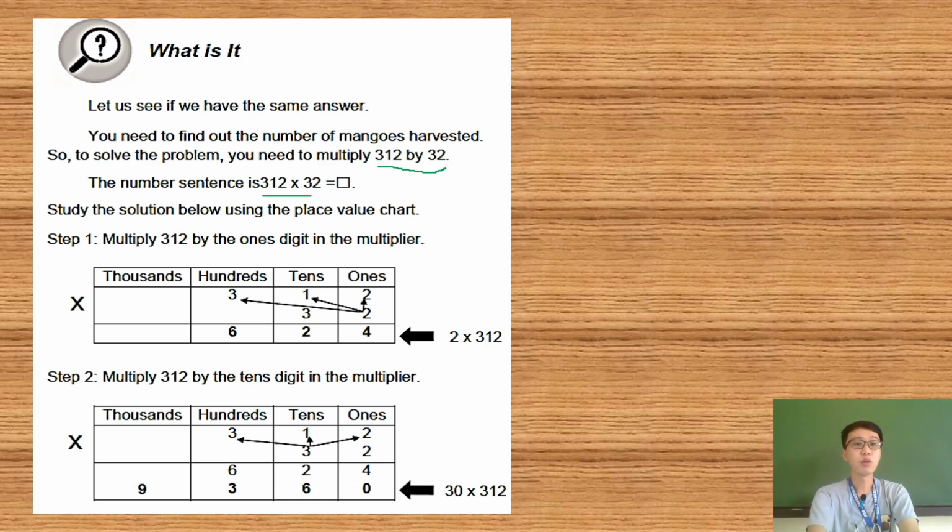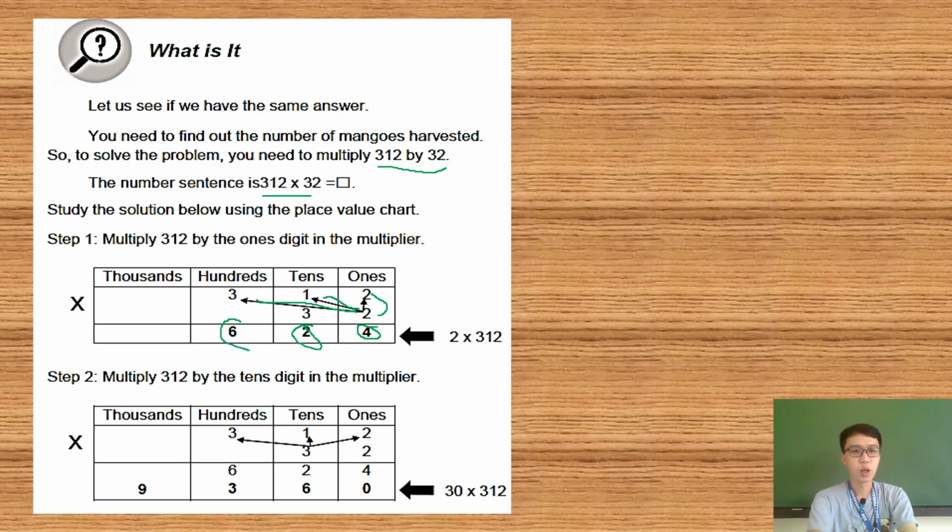Step 1. Multiply 312 by the ones digit in the multiplier. So, 2 times 2 is equal to 4. 2 times 1 is equal to 2. And then 2 times 3 is equal to 6.